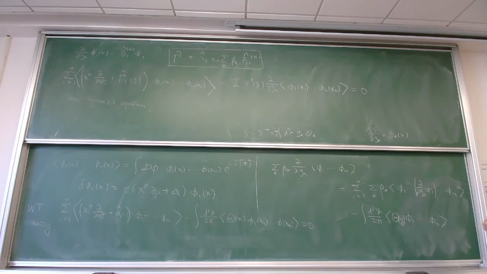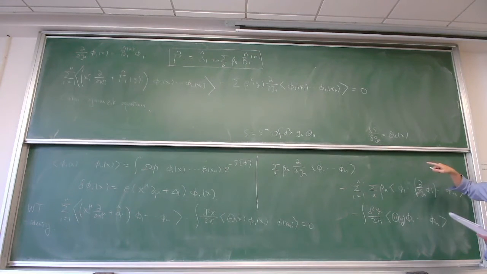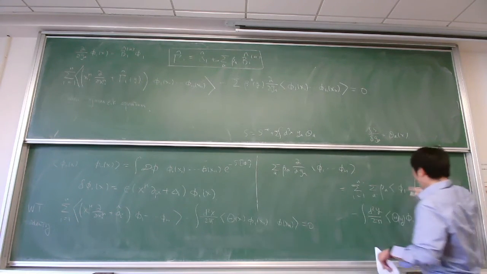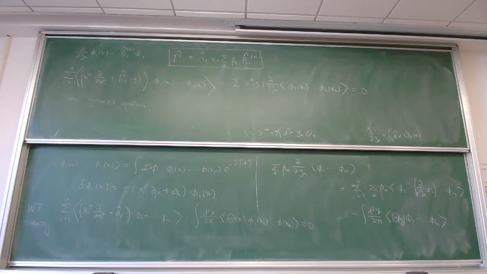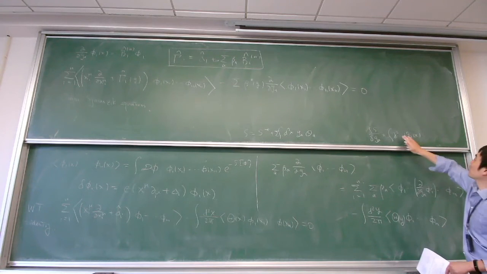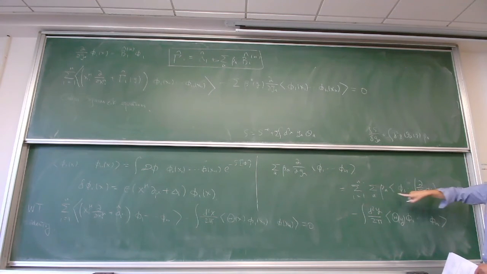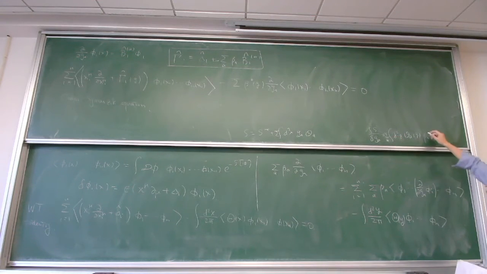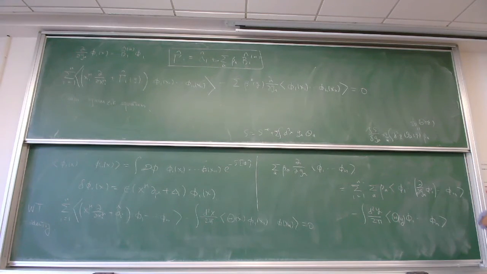If you take the variation with respect to G A, you get the operator A, and multiply by beta A and sum over A. This is indeed equal to 1 over 2 pi theta, and that's how you obtain theta.